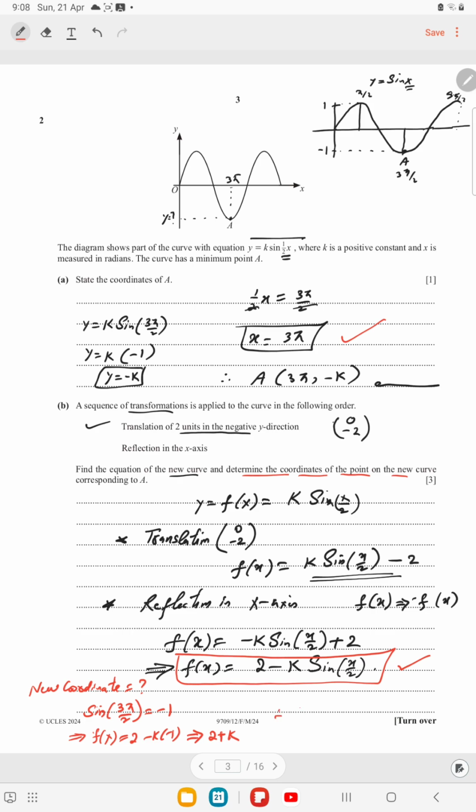So therefore the new coordinates, let's say it's A prime, will be x is 3 pi by 2, and y is 2 plus k. This will be the final answer for the new coordinates, right? For the new coordinate, you have to replace the value of x taken from part 1 in this new form to get the y coordinate. I hope it is clear.